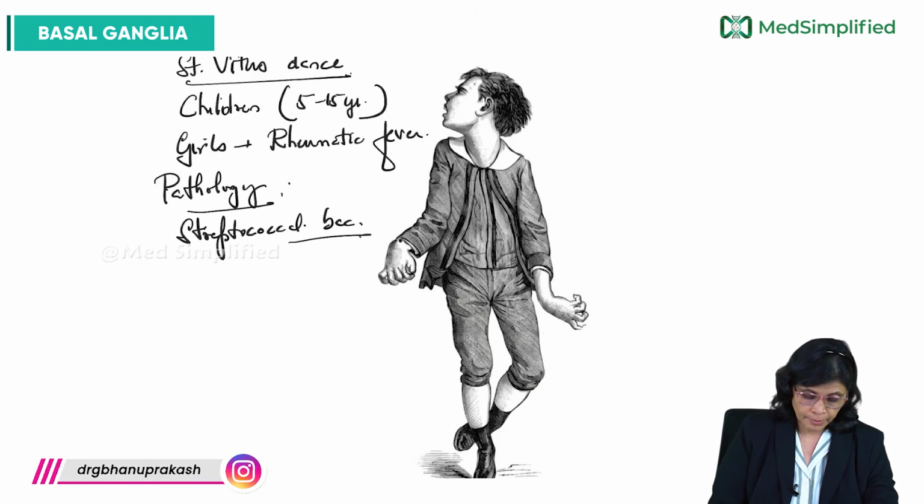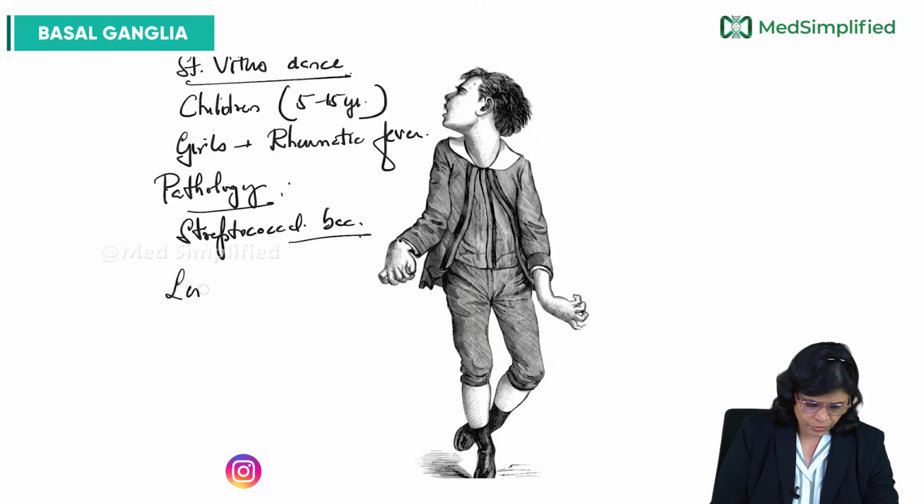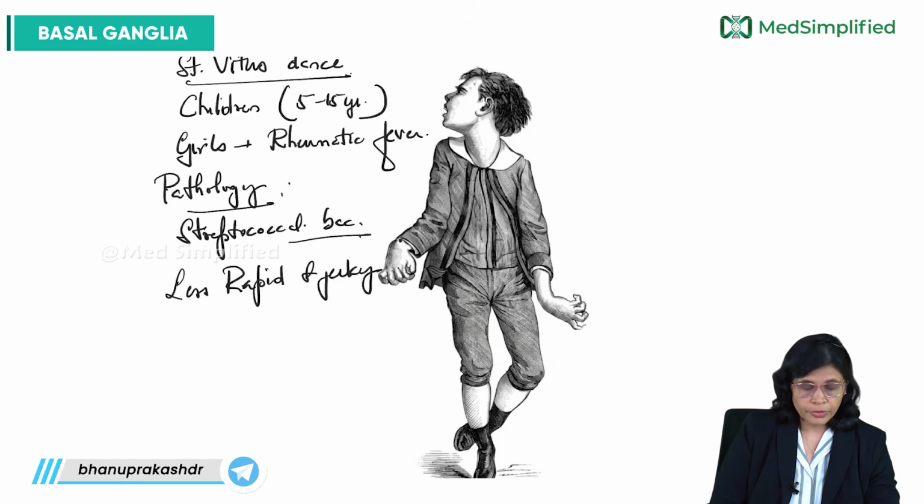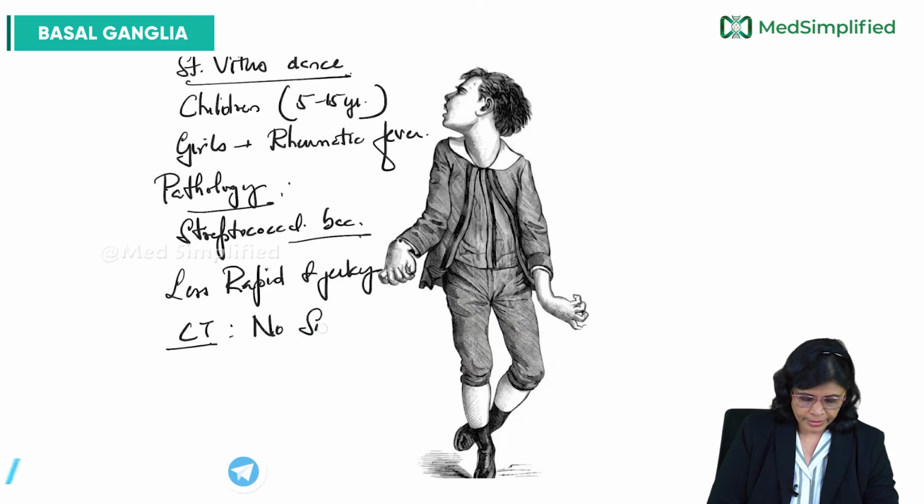The involuntary movements here are slow, less rapid and jerky compared to Huntington's. If you do a CT scan, there is no significant finding there.